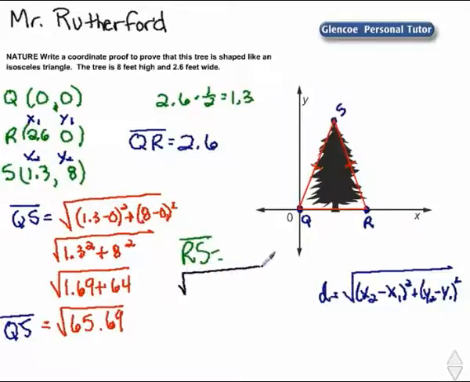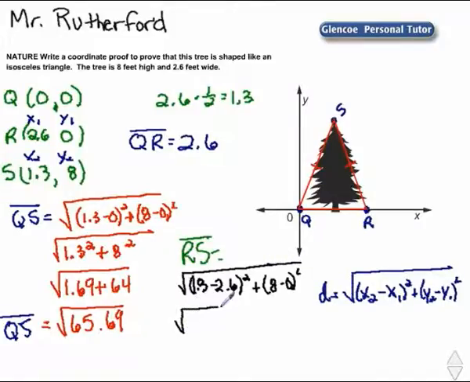So we'll have the square root of 1.3 minus 2.6 squared plus 8 minus 0 squared.